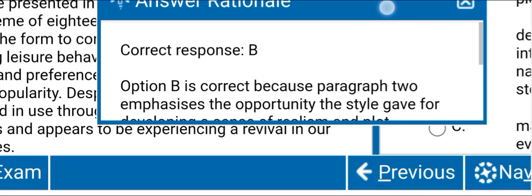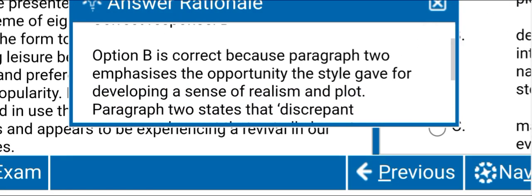Option B is correct because paragraph 2 emphasizes the opportunity the style gave for developing a sense of realism and plot.